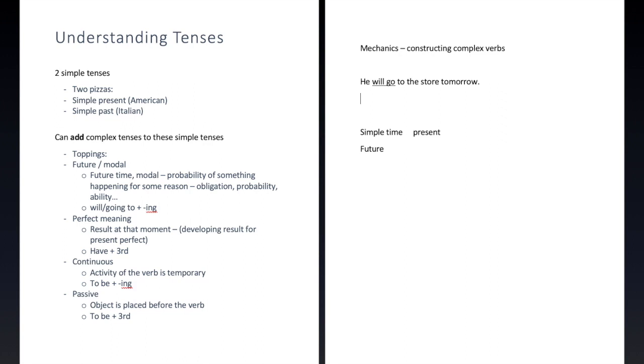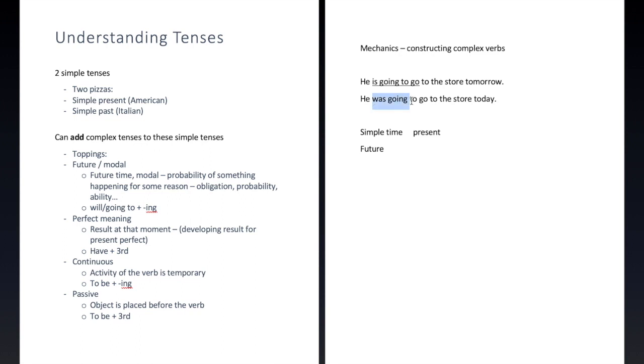All right, so if you change this to he was going to go, then we have exactly the same thing, except it's the next day. We're talking about the situation the previous day.